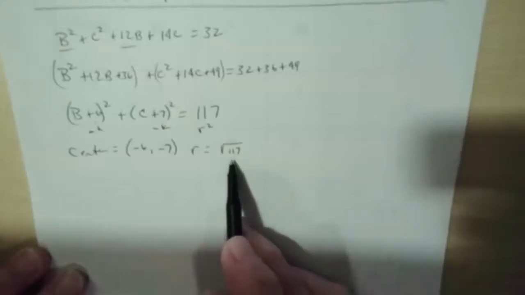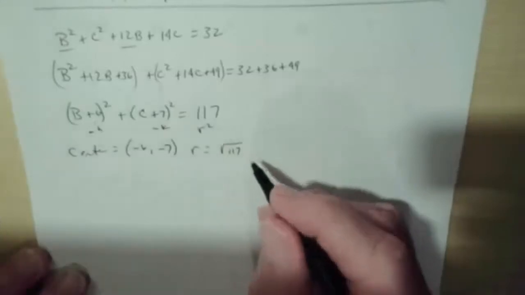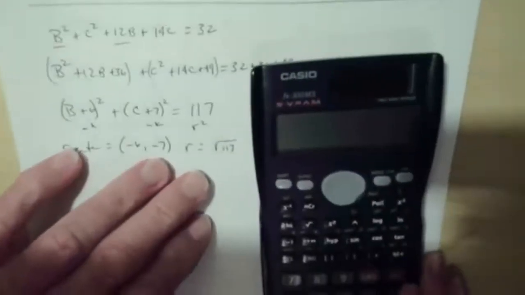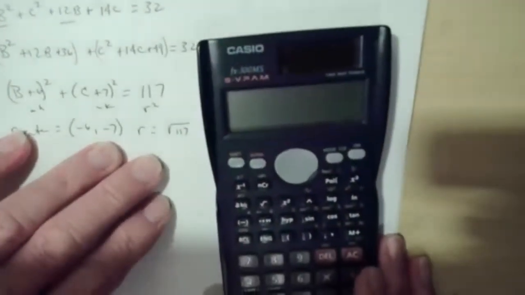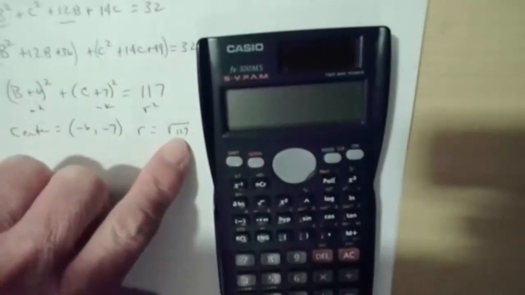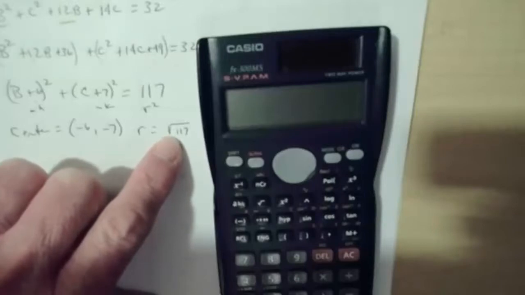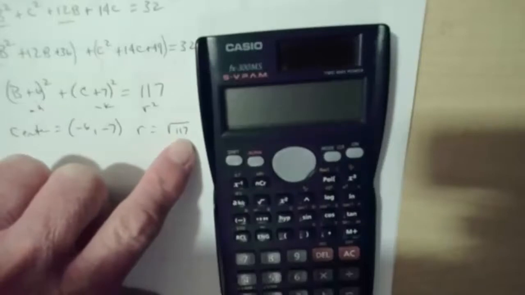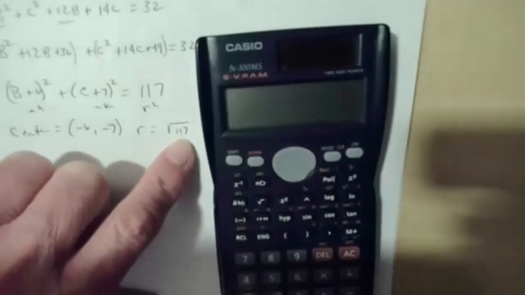Oh, you know what? 9 will go into 117, I think. The rule for divisibility by 3 or 9 is the sum of the digits. Add the digits together. 1 and 1 is 2, 2 and 7 is 9. Will 9 go into 9?